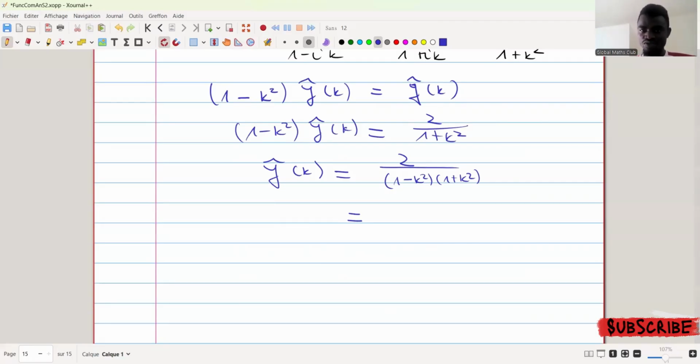You can do a decomposition. So this one is the Fourier transform of y. And you know that to have y now, you have to apply the Fourier inverse, so the inverse transform.